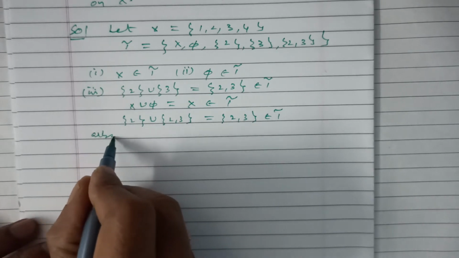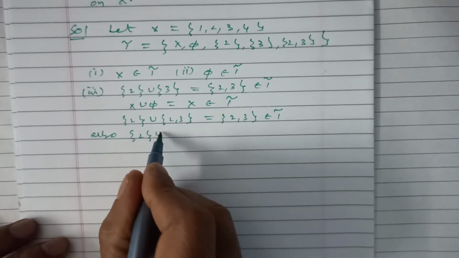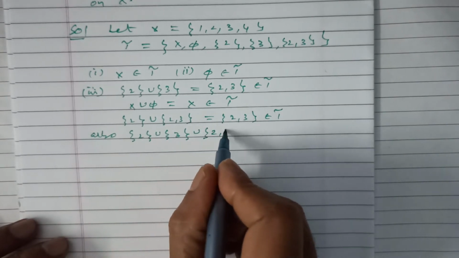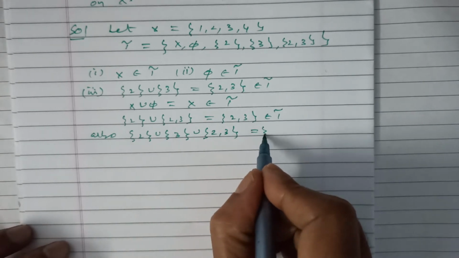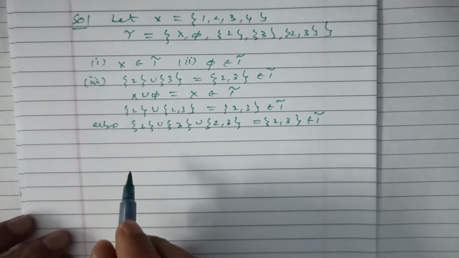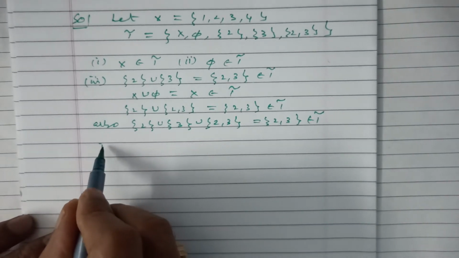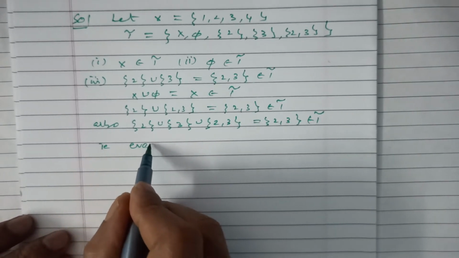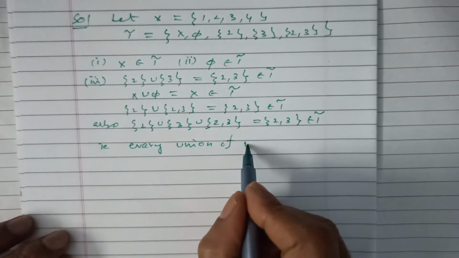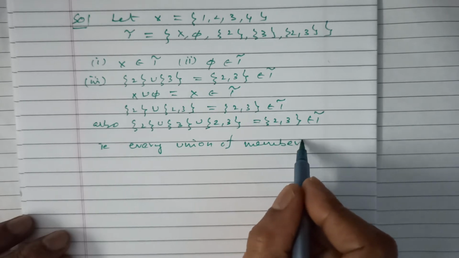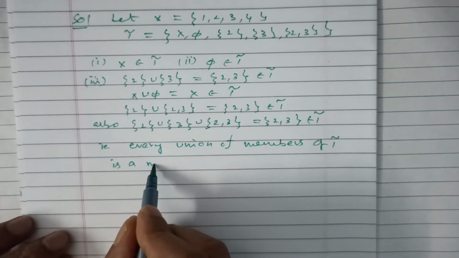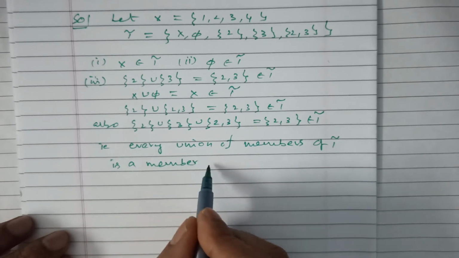Also, set of 2 union set of 3 union set of 2, 3 is equal to set of 2, 3 belongs to tau. That is, every union of members of tau is a member of tau.